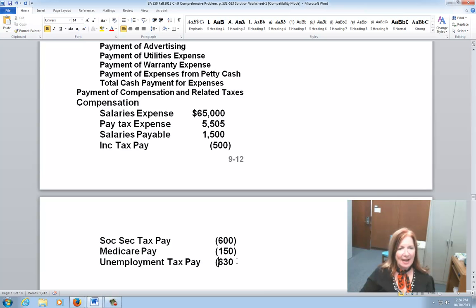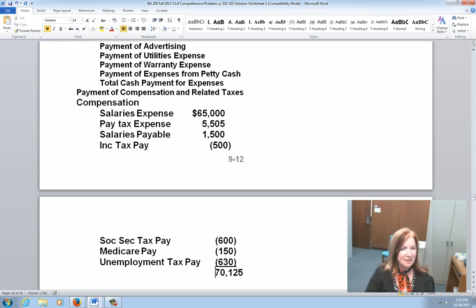And so when I add these together, I have to add the positive numbers and the negative numbers. And so I'm going to give a signal that I'm doing math right here. And this number comes out to $70,125.